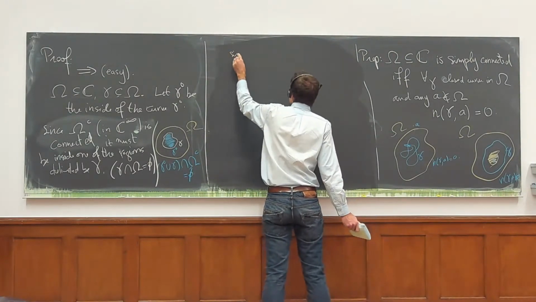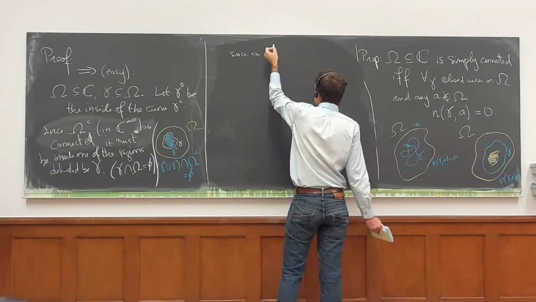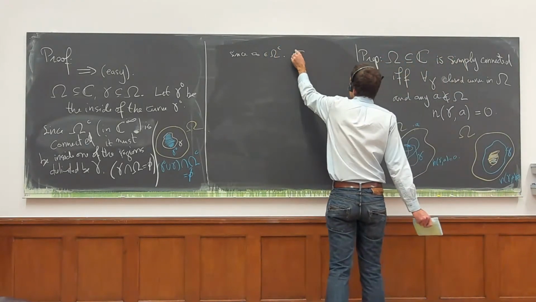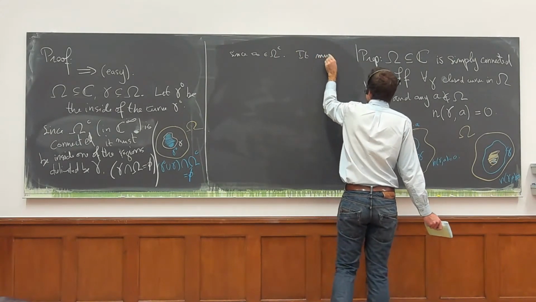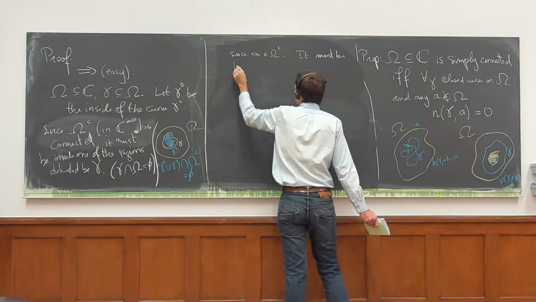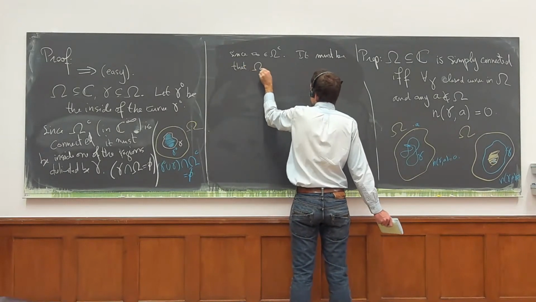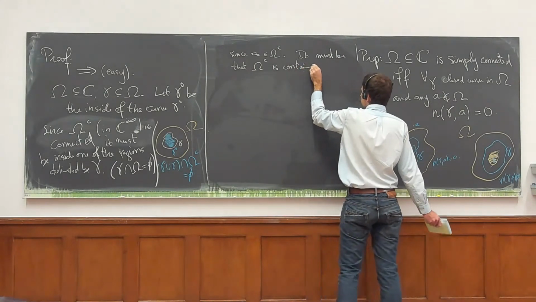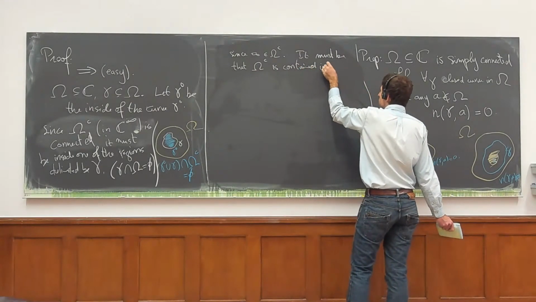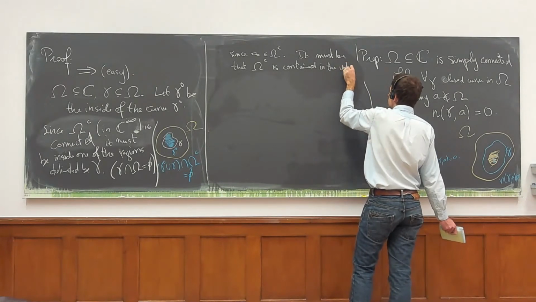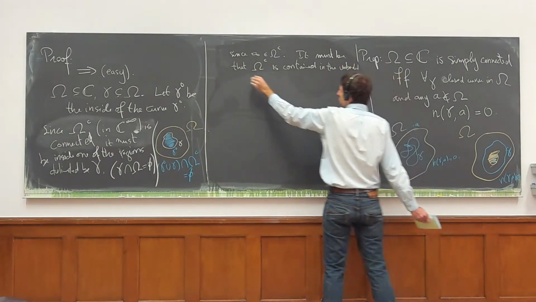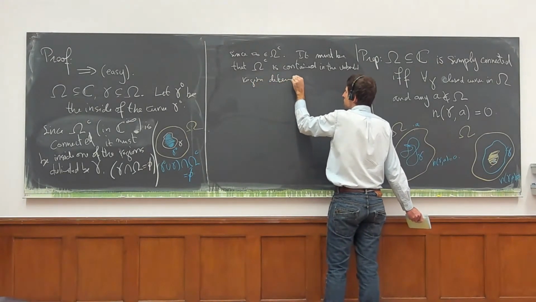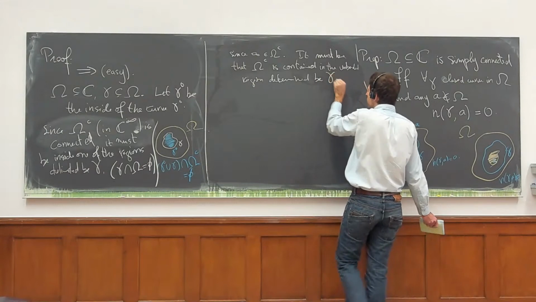Since the point at infinity is inside the complement of omega, it must be that the complement of omega is contained in the unbounded region determined by gamma, right?